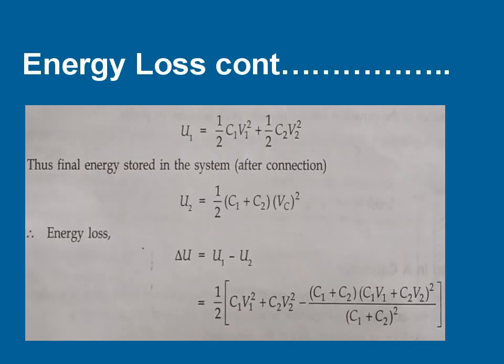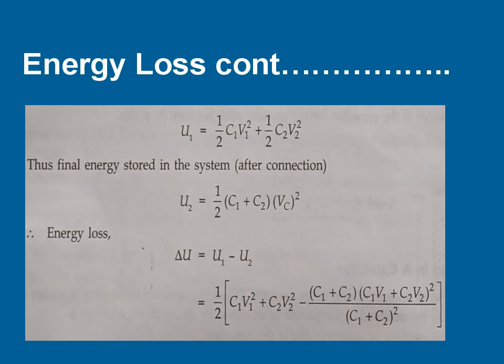We continue energy loss. From the previous slide you get equation 1: U1 is equal to half C1 V1 square plus half C2 V2 square. This is the case without connecting. Now we connect the two capacitors in parallel, suppose. Thus the final energy is stored in the system after connection. Mark it as equation 2, U2. What do you get?